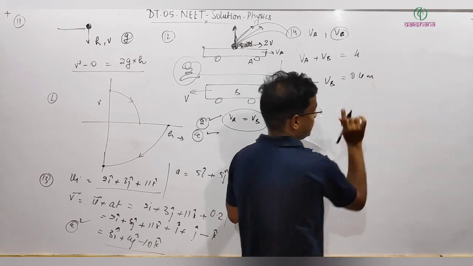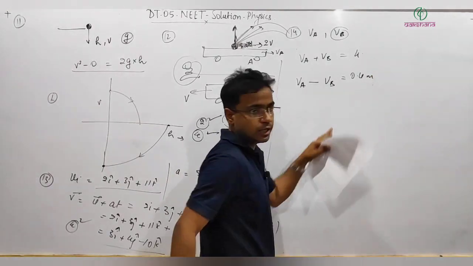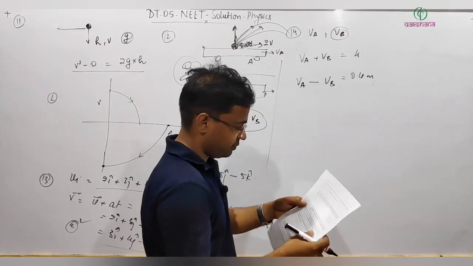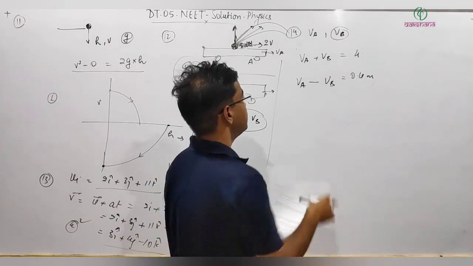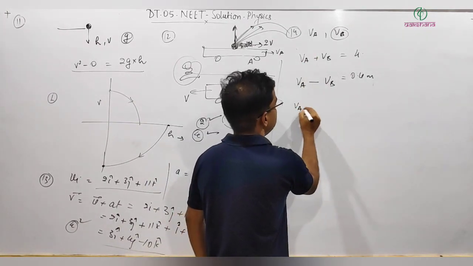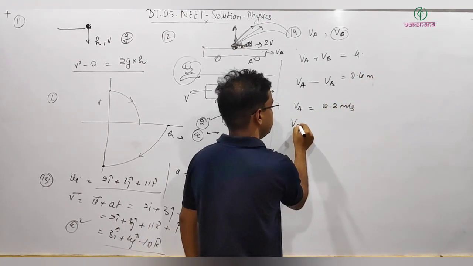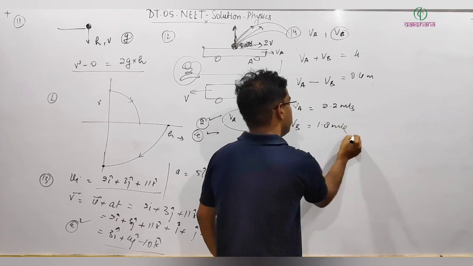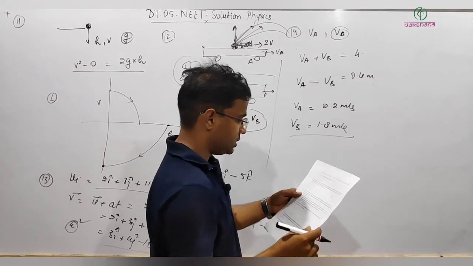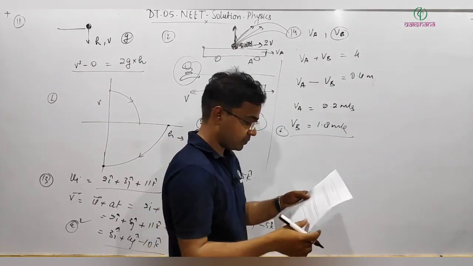This is the relative velocity in the second condition. Now we are asked to find the speeds. Simply adding these two and dividing by 2, VA is 2.2 meters per second, then VB will be simply 1.8 meters per second. That's the answer for question number 14, matching with option 1.